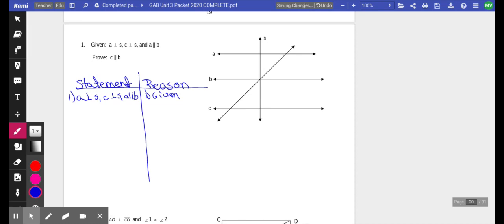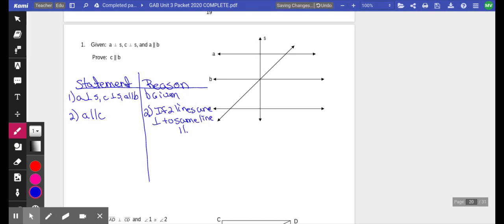So I know since A and C are both perpendicular to S, then I know that A is parallel to C because our theorem we just learned today is if two lines are perpendicular to the same line, they're parallel.